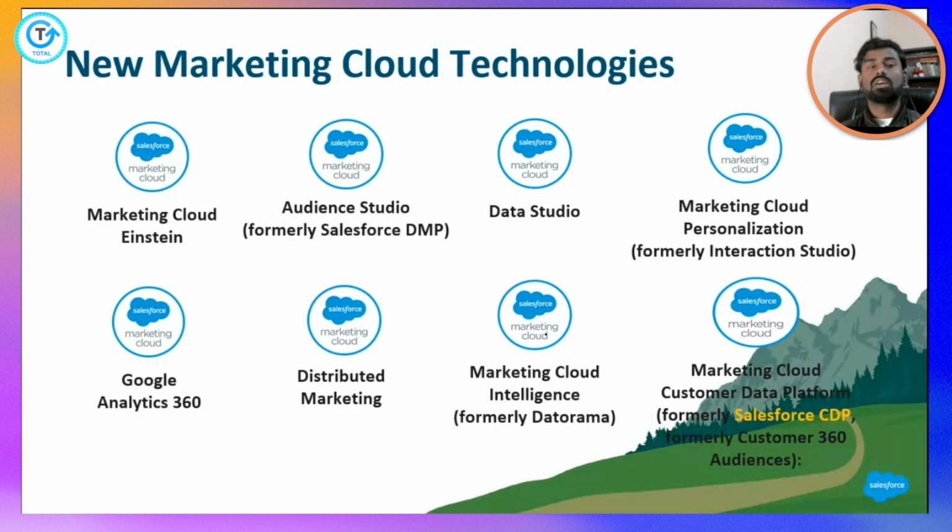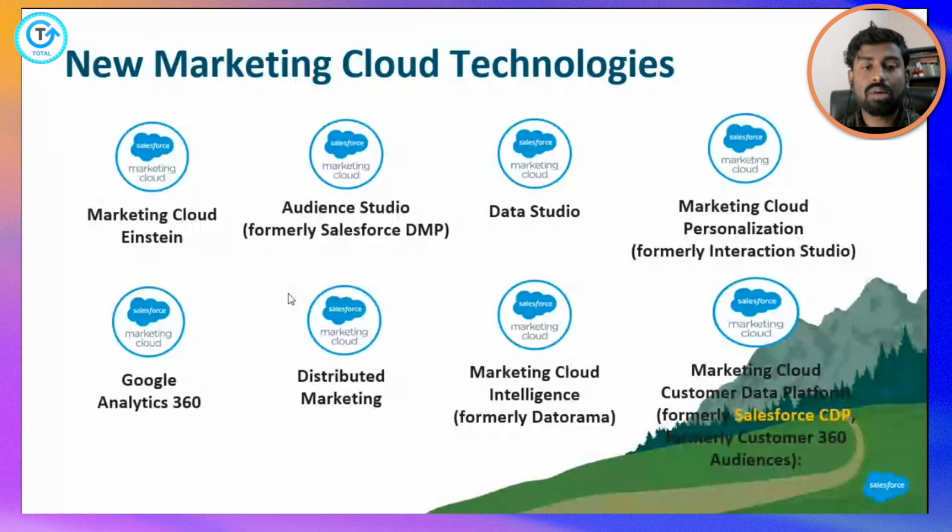Now, as Salesforce is evolving, many tools have been included by Salesforce in this environment. One of them is Marketing Cloud Einstein. Many of you may be familiar with the set of tools started by Salesforce with the name Einstein. So there is a tool called Salesforce Marketing Cloud Einstein that you can see.